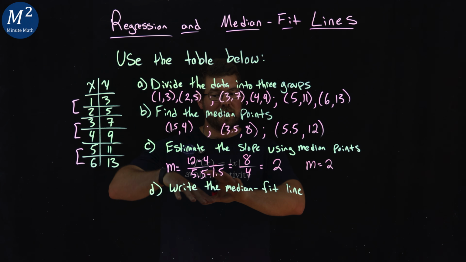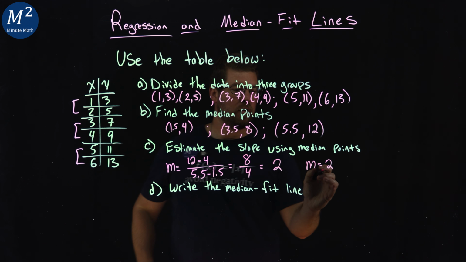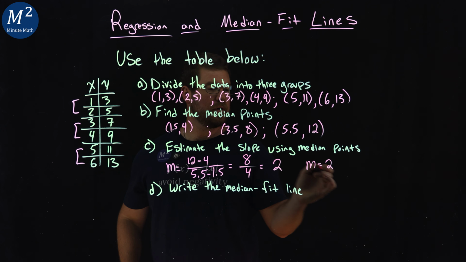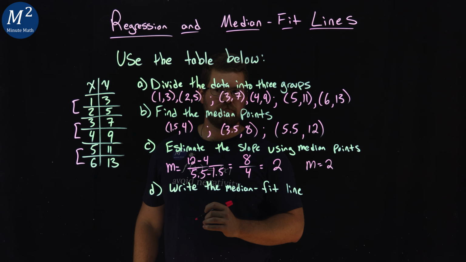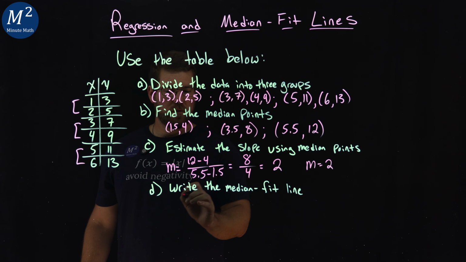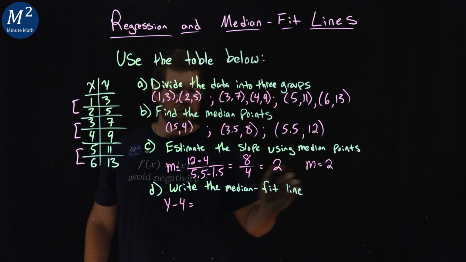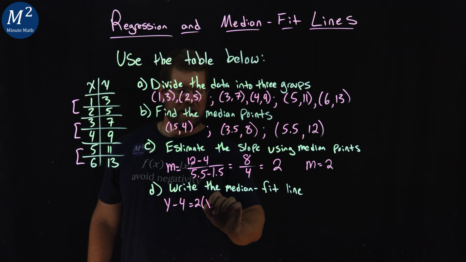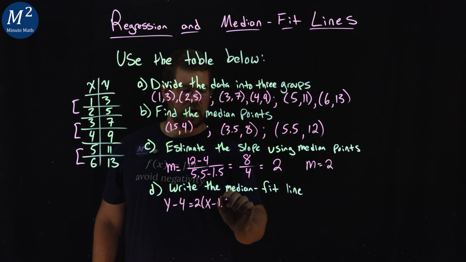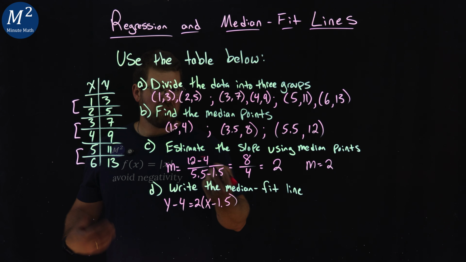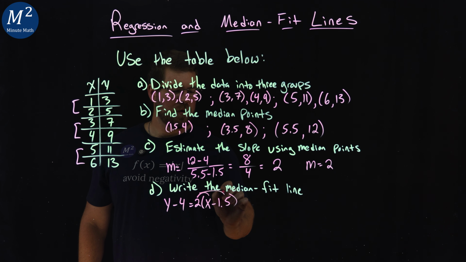Well, now we can find the median fit line. We're going to use our slope and a point. Let's pick the first one and our slope of 2. So we have point-slope form, y minus y1, 4, equals our slope 2 times x minus x1, 1.5. Let's write this in slope-intercept form. I'm going to distribute the 2 across.